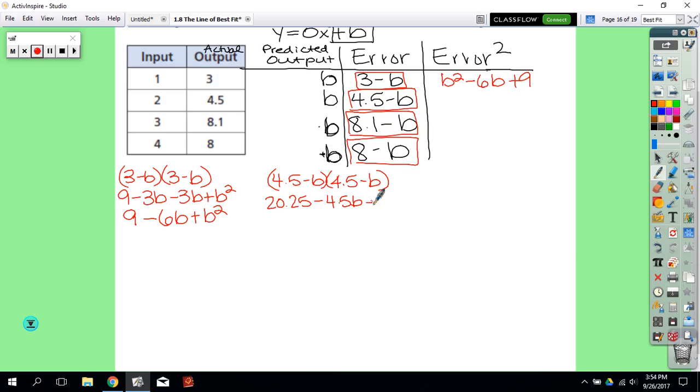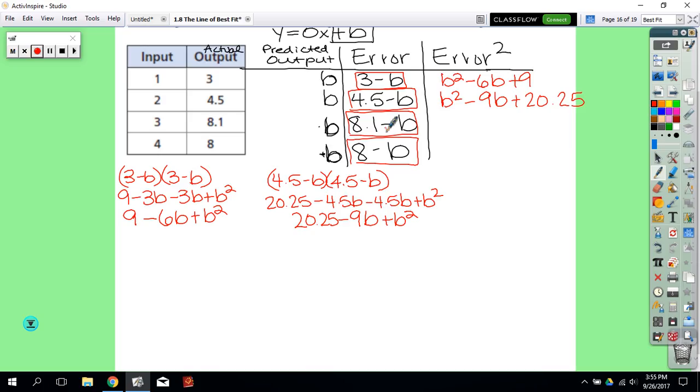Negative b times 4.5 is negative 4.5b. Negative b times negative b is positive b squared. Combine your like terms. Minus 9b plus b squared, 20.25. And again, I'm going to reverse. So b squared minus 9b plus 20.25.